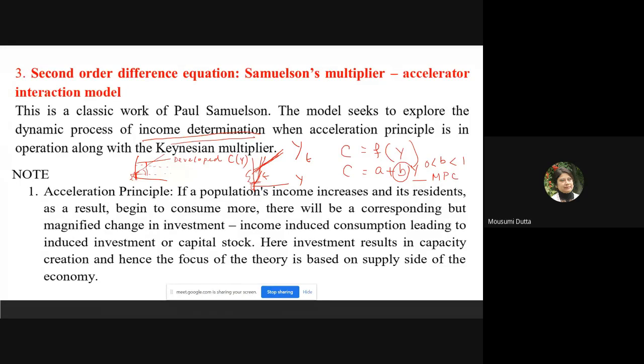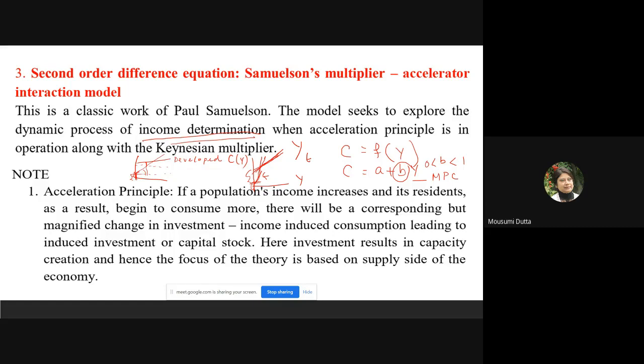Without more investment, you will not be able to produce more. So, income is increasing. First step, consumption is increasing. That consumption in turn induces, and that results in a huge increase in investment.